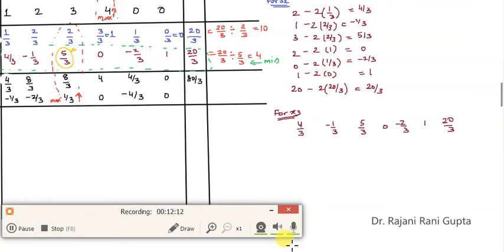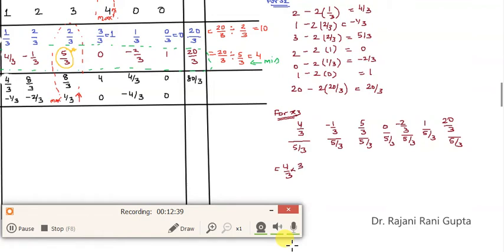This is divided by the pivot number, which is 5 by 3, for every entry. So how does it actually work? 4 divided by 3 and then divided by 5 divided by 3.